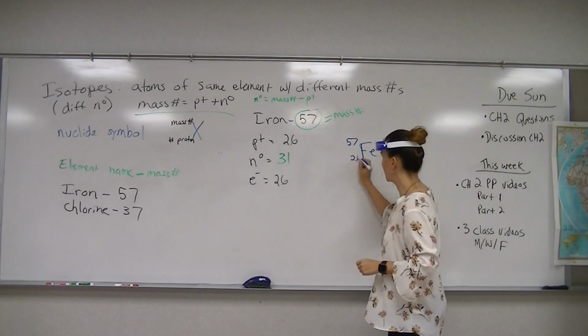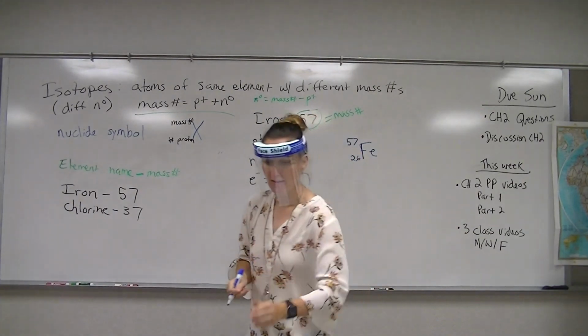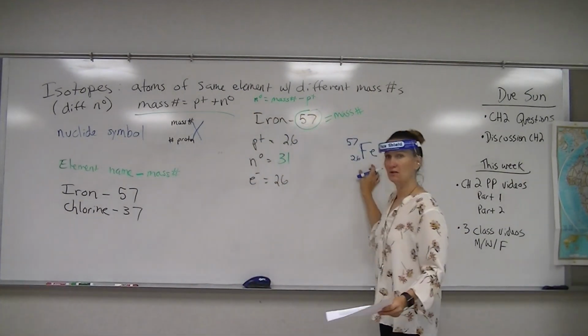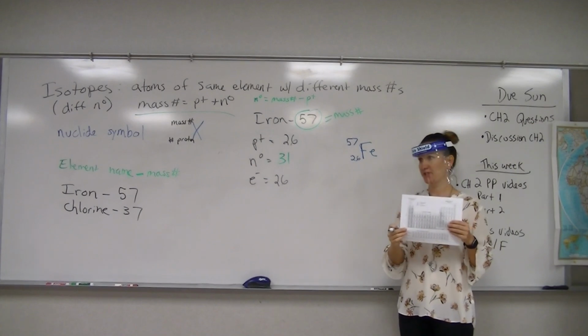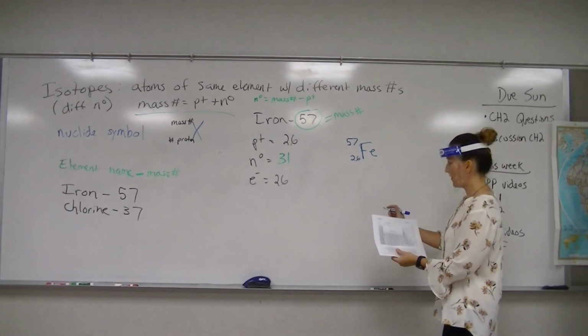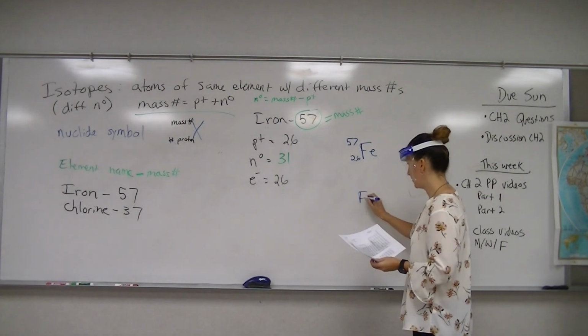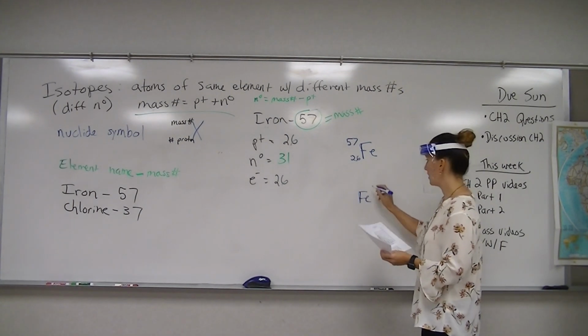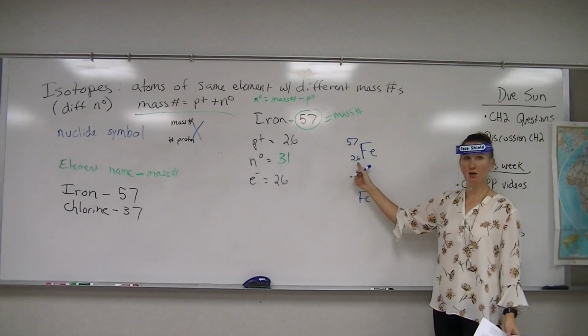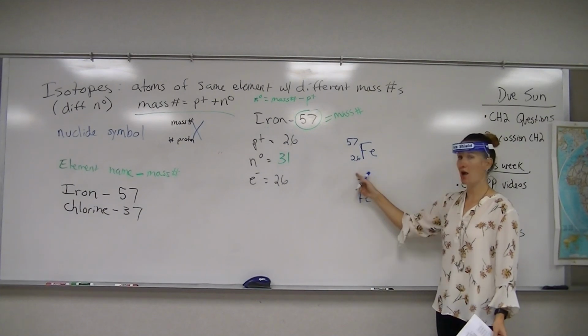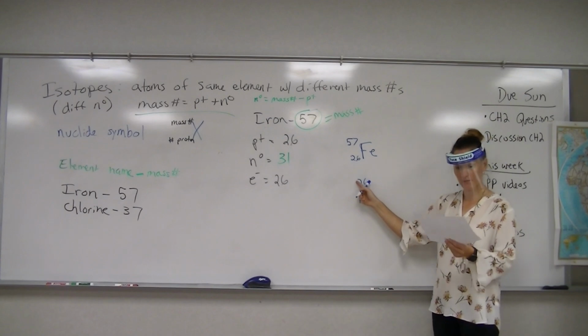I want to point out something quick while we have this symbol up: nuclide symbols are different than how the periodic table represents the element. On the periodic table, we have iron, but notice our protons are up here instead of in the lower left corner. So protons are always on top when you're looking at the periodic table.